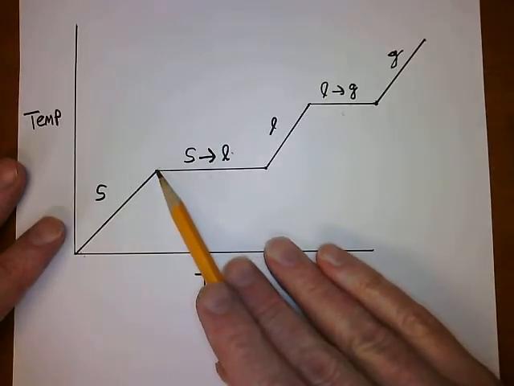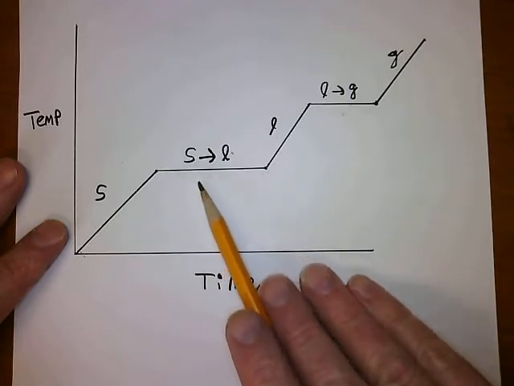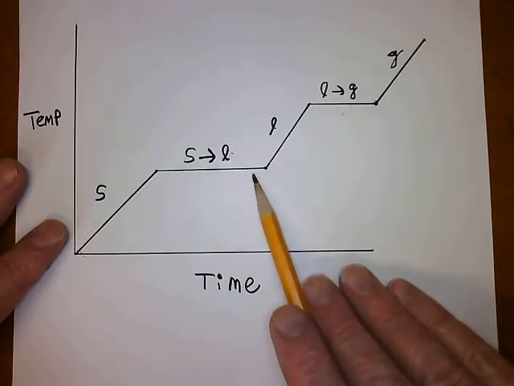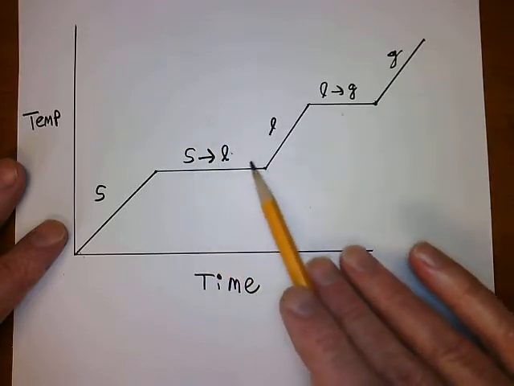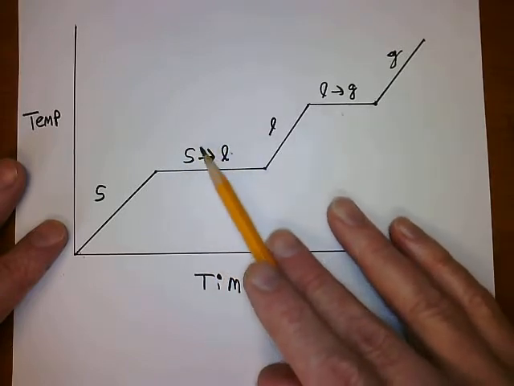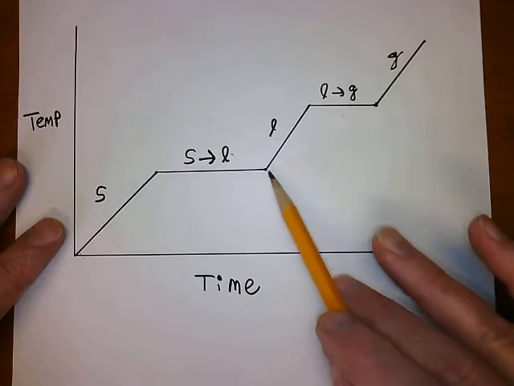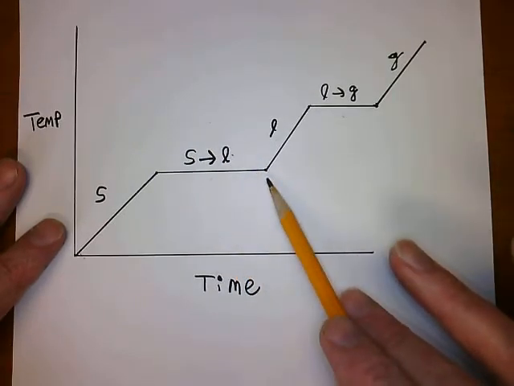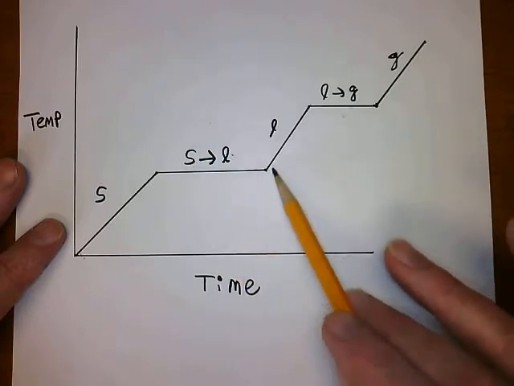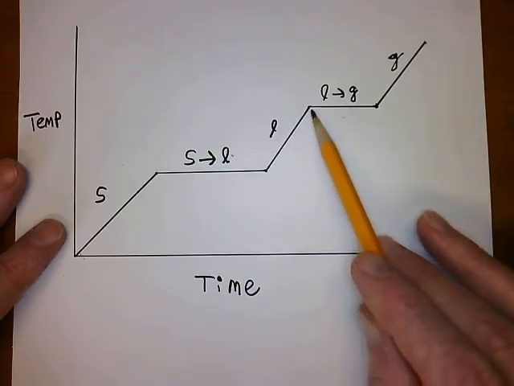Then you would reach a point where the temperature remains constant. That's the first phase change, the melting, where solid is being converted into a liquid. Once all the solid is melted, it exists all as a liquid, then the temperature starts to go up again.